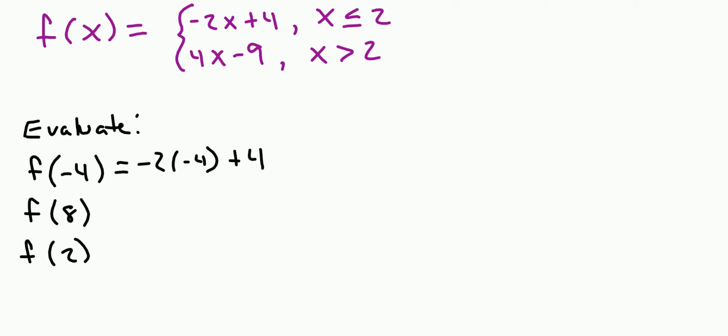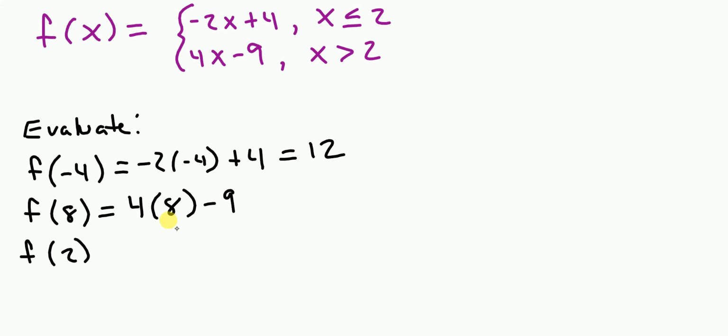So, negative 2 times negative 4 is 8, plus 4 is 12. Okay, 8 is greater than 2, so we use 4 times 8 minus 9.